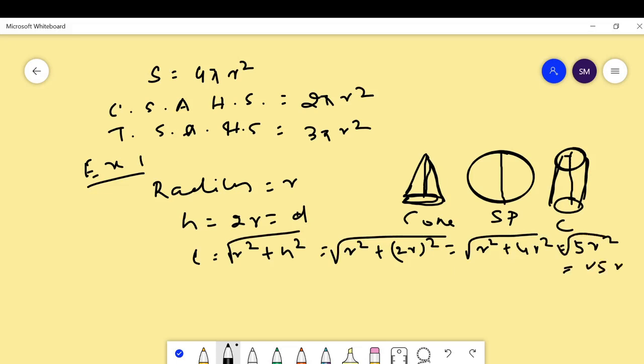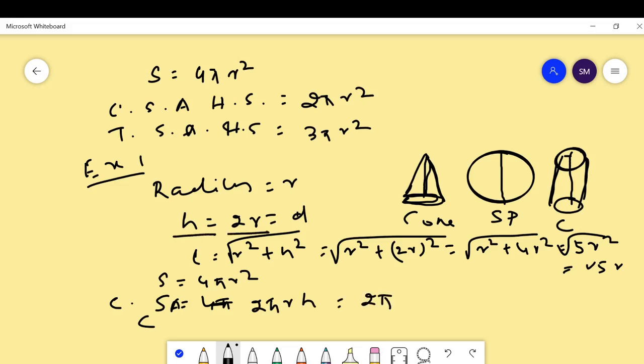Then the curved surface area of the sphere S is equal to 4 pi r square, and the curved surface area of the cylinder is equal to 2 pi r h, where h is 2r.